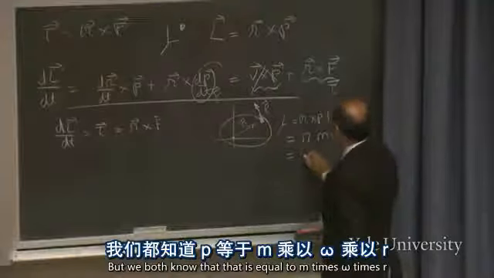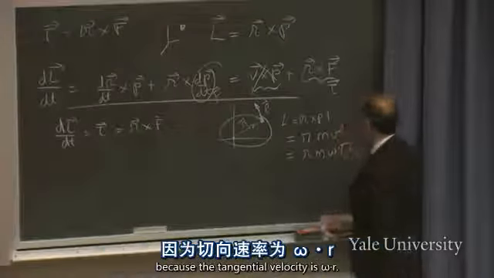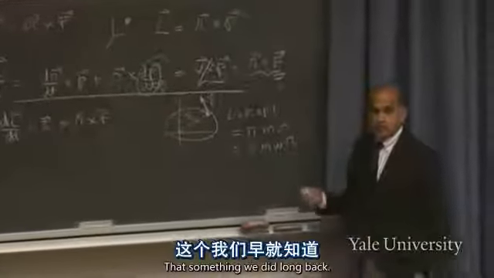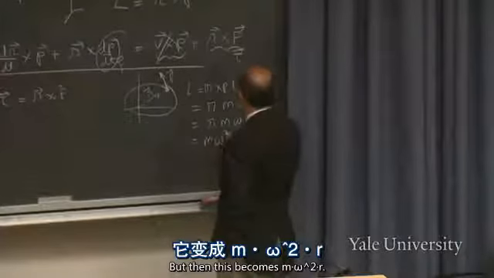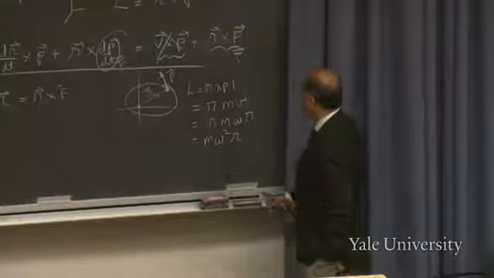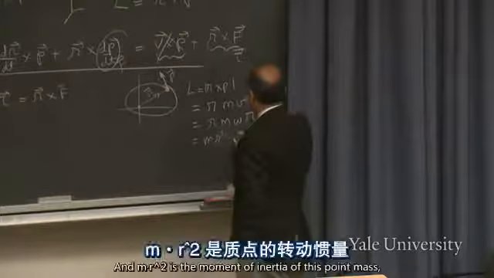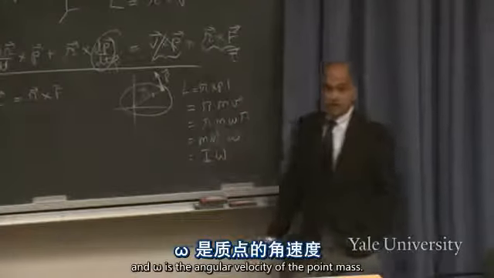But we both know that that is equal to m times omega times r, because tangential velocity is omega r. That's something we did long back. So this becomes m r squared omega. Good. And m r squared is the moment of inertia of this point mass, and omega is the angular velocity of the point mass.